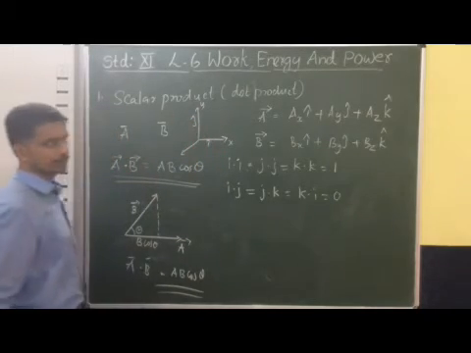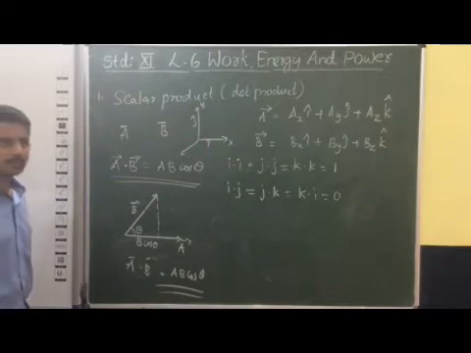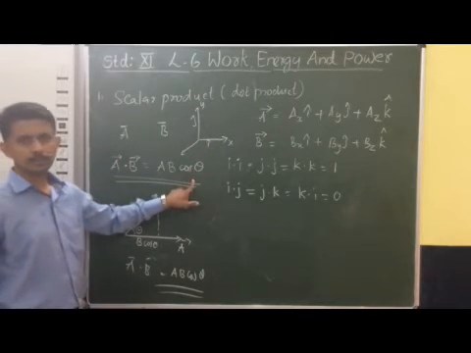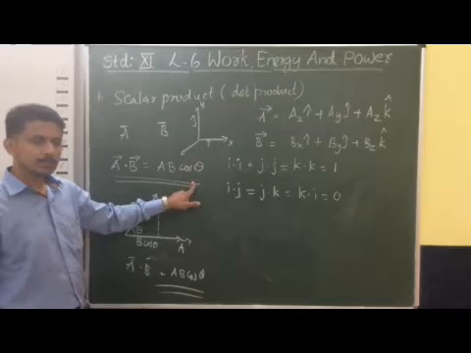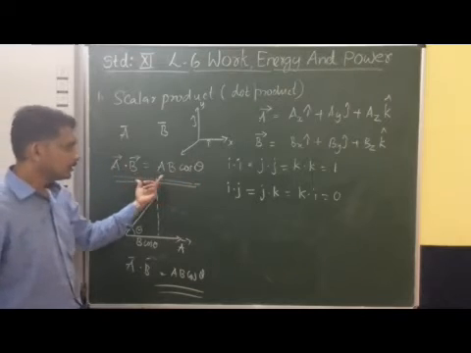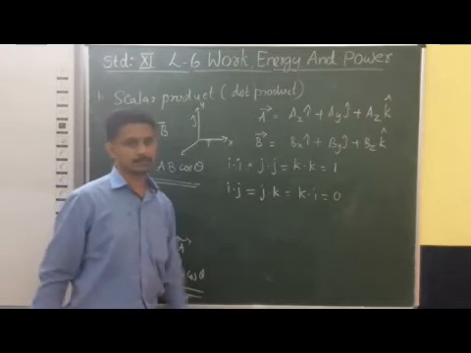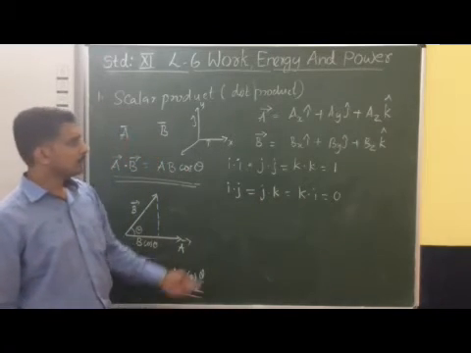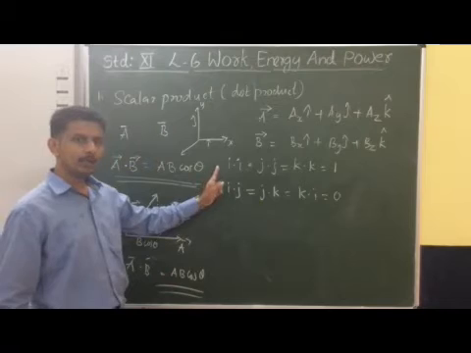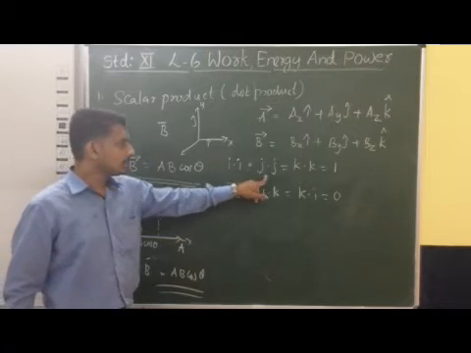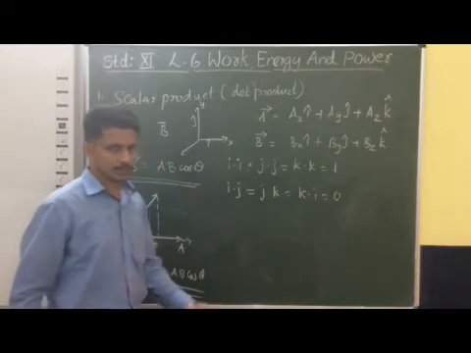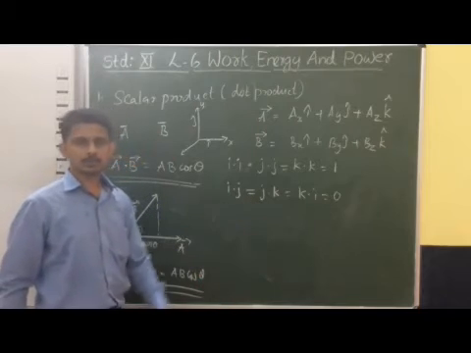What is the angle between them? 90 degrees, and cos 90 is 0. So A dot B ultimately is 0, and the same holds in all such cases. That is why only i dot i, j dot j and k dot k exist; all other terms will be 0.